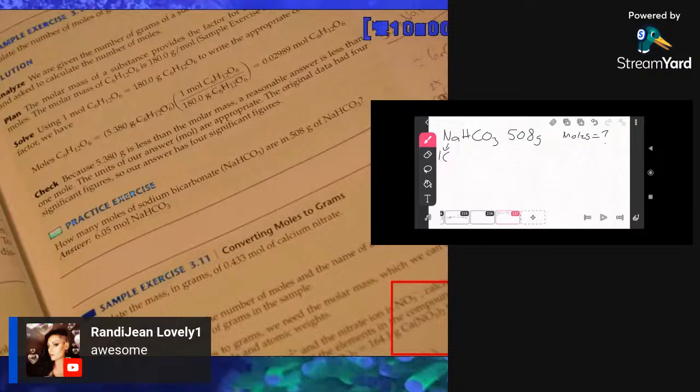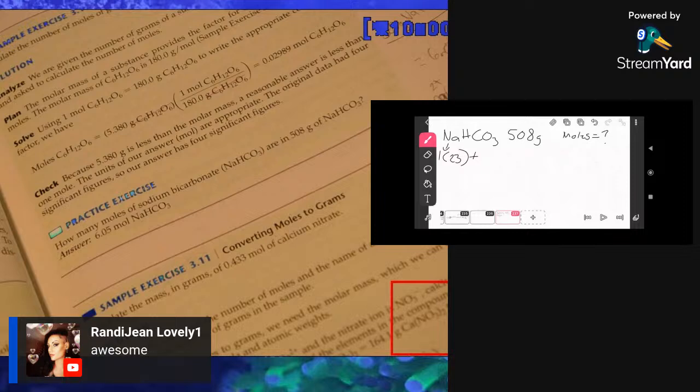All right. So from that weight, I got the number 23. Okay. So one atom of sodium weighs 23 grams. Okay. Plus hydrogen.